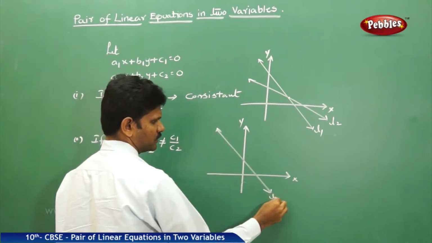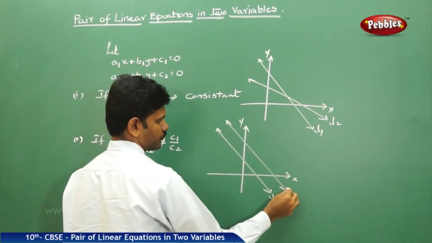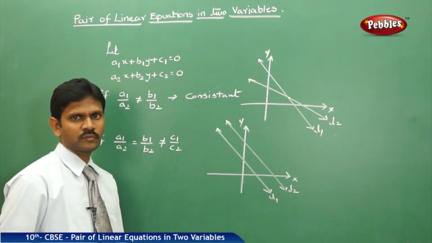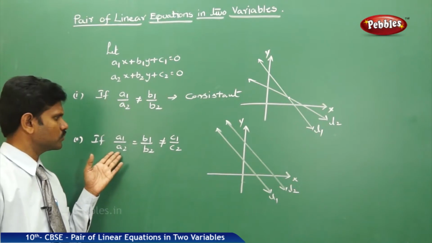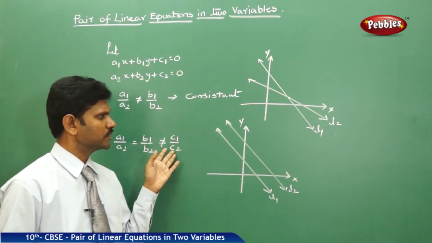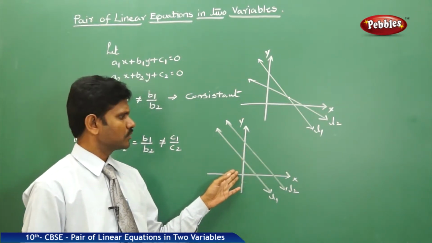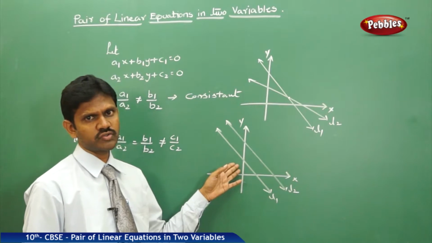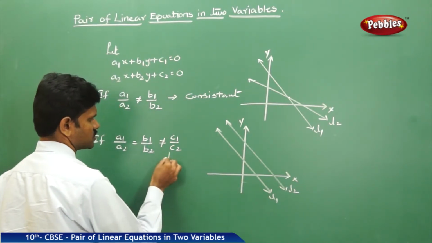This is the line L1. This is the line L2. If a1 by a2 is equal to b1 by b2 is not equal to c1 by c2, then the nature of the lines is parallel lines. For parallel lines, there is no solution, which is called inconsistent.